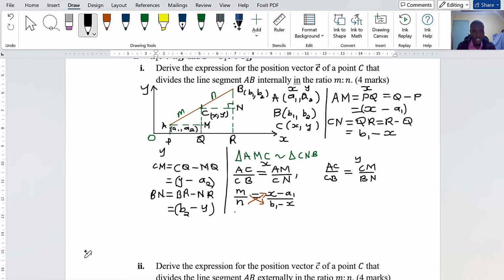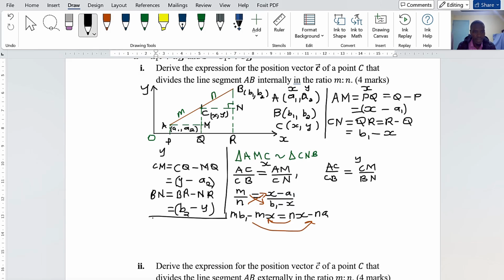When you do that math, you can see m b1 minus m x will be equal to n x minus n a1. When you collect like terms and rearrange, because that is exactly what you want, you bring the x's together and take the other terms to the other side.